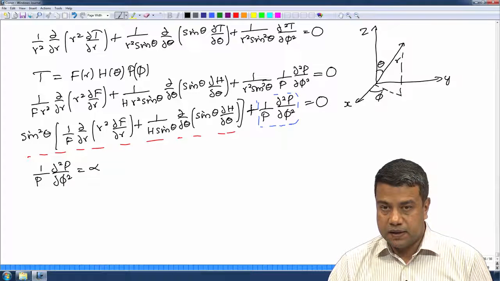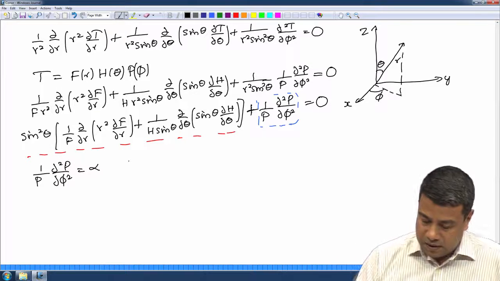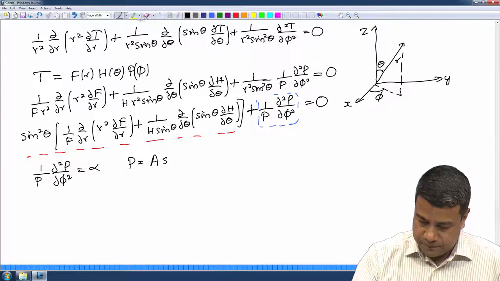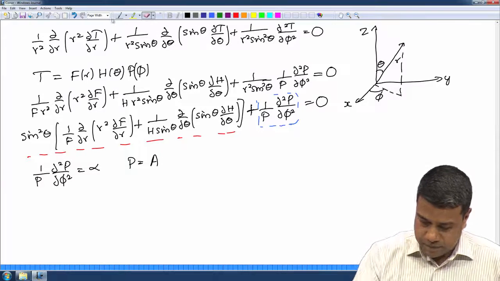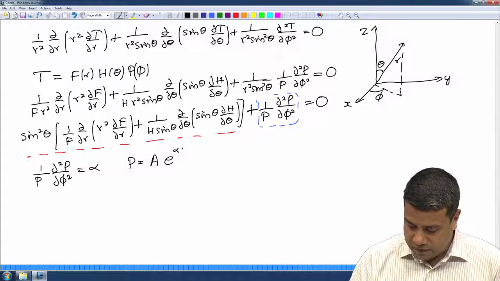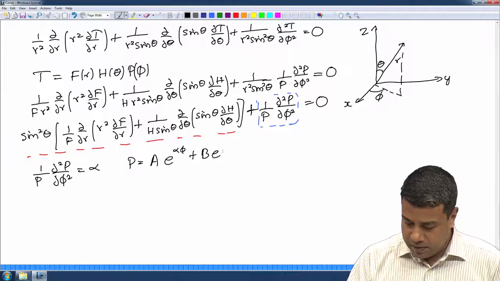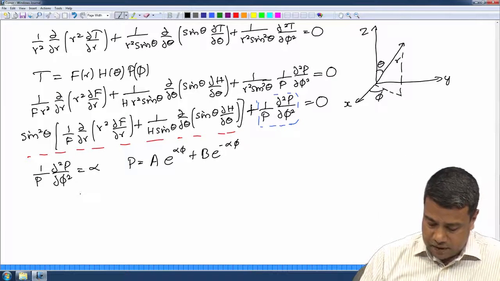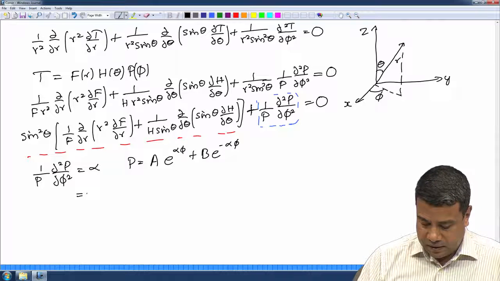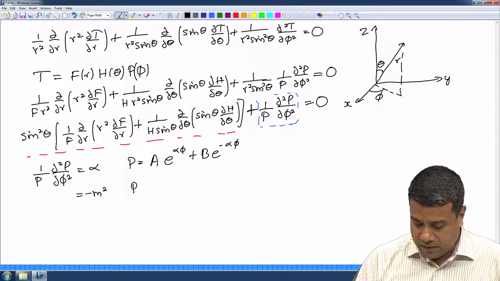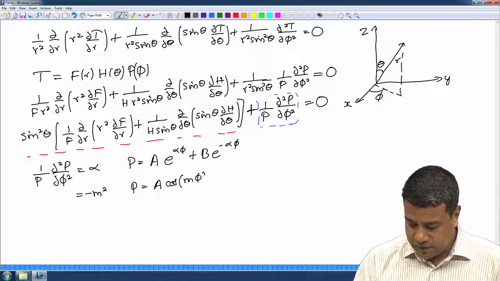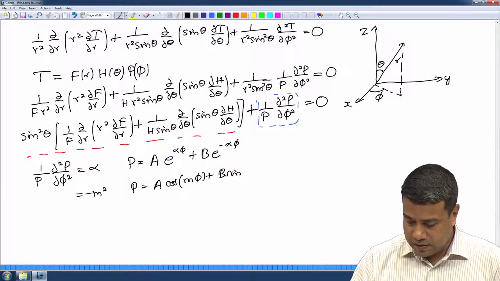Depending upon the sign of alpha, you will either get p equal to a e power root alpha phi plus b e power minus root alpha phi, if alpha is positive. If on the other hand alpha is negative, if I write this as minus m square, p will be equal to a cos of m phi plus b sine of m phi.